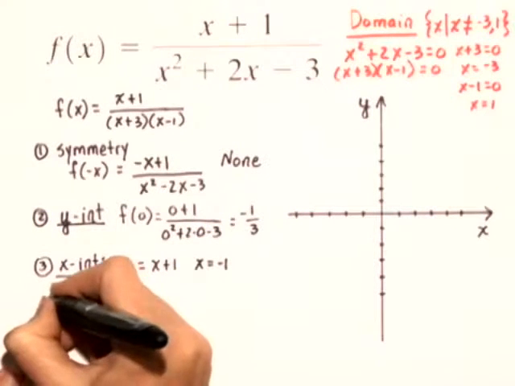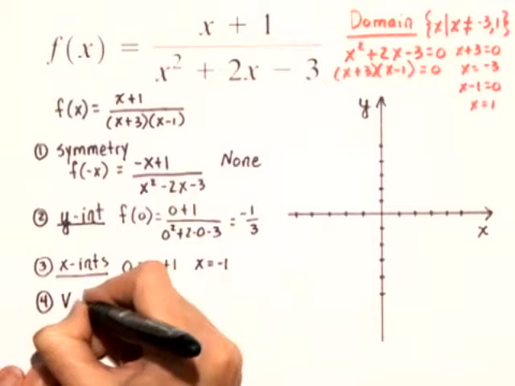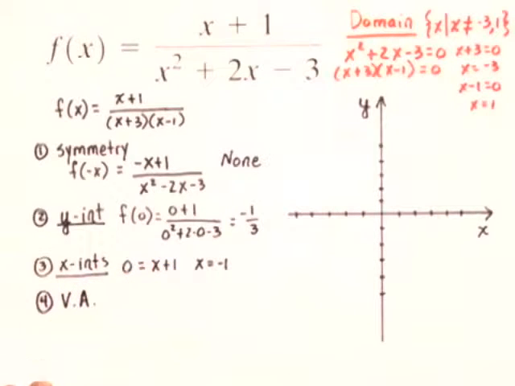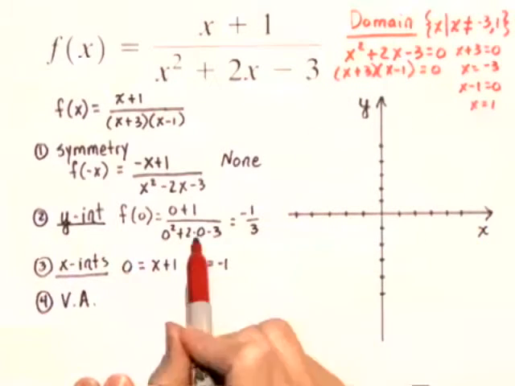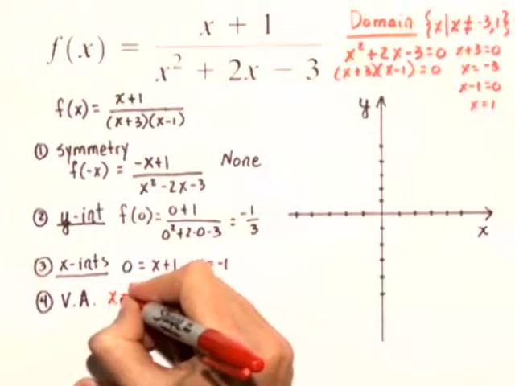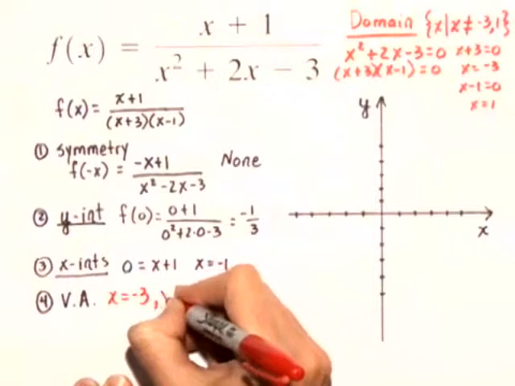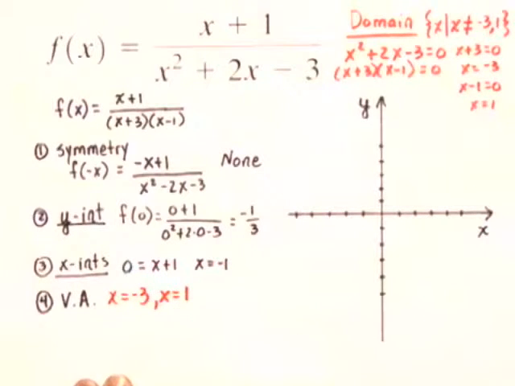Now let's move on to step 4. In step 4, we want to see if we have any vertical asymptotes. We do that by setting the denominator equal to 0. We already did that when we were looking for our domain, and we can see we had two solutions, x equals negative 3 and also x equals 1. So those are our two vertical asymptotes.